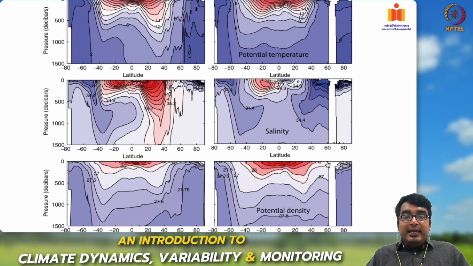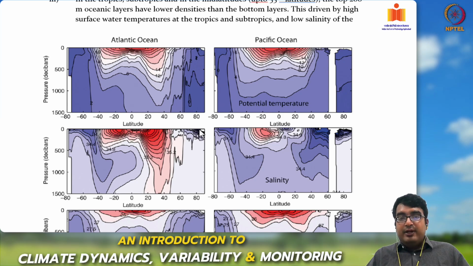Okay. Here we see a marked difference between the Atlantic and the Pacific Ocean. We see that the salinity values are much lower in the Pacific Ocean than in the Atlantic Ocean. So you are getting up to 37.5 salinity values in the mixed layer of the subtropical regions of the Atlantic, whereas in the Pacific you are getting much lower values of around 34.5, 34.8 in the same regions.